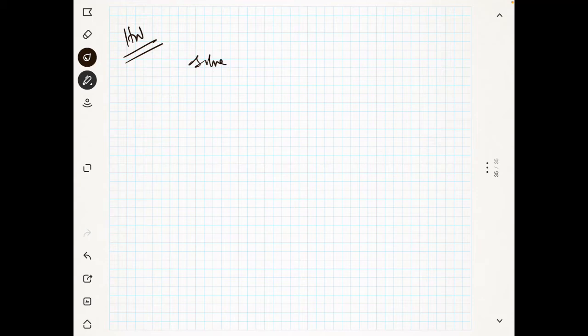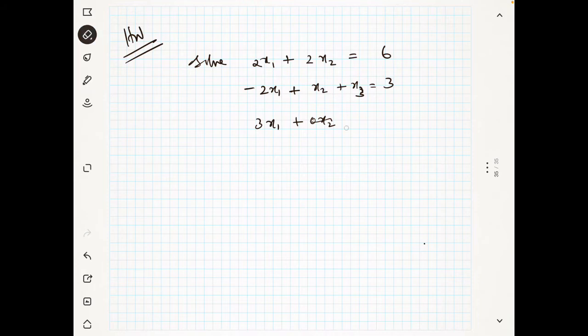linear equations. Solve 2x1 plus 2x2 plus 0 x3, that means there is no x3, equal to 6, and minus 2x1 plus x2 plus x3 is equal to 3, and 3x1 plus 0x2, that means there is no x2, plus x3 is equal to 6.